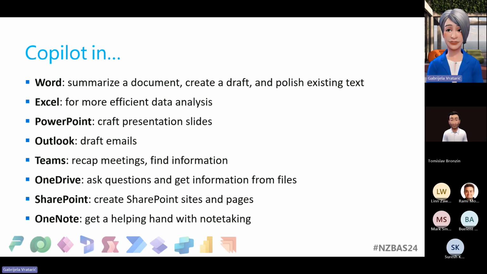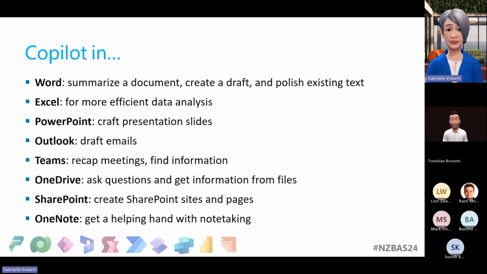In Teams, you can also find information and recap meetings. In OneDrive, you can get information from files that you also store in SharePoint, and it can help you create SharePoint sites. And in OneNote, it can compose your notes and also help you.